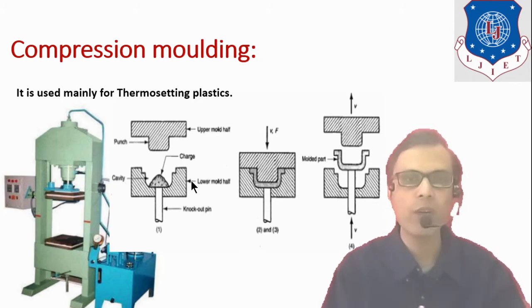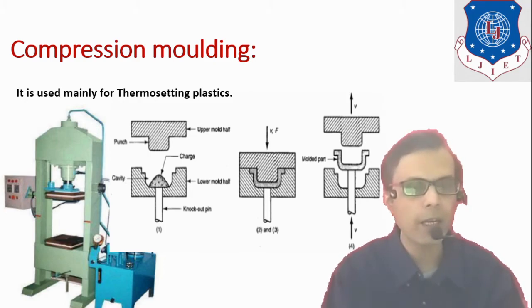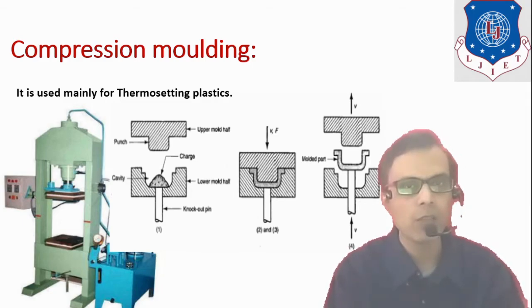The important point is that the quantity of raw material should be calculated precisely because it has to fill the cavity of the mold. If it is less in quantity than the desired quantity, then the produced part may be rejected.